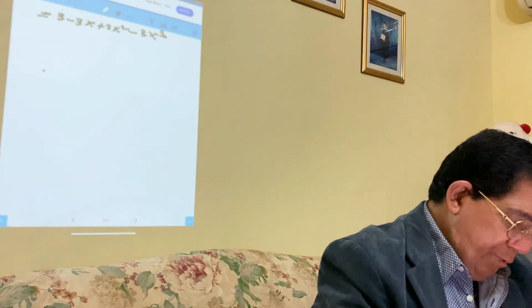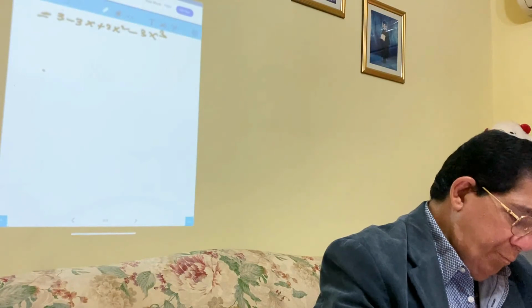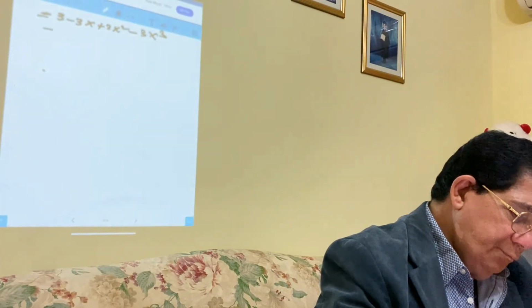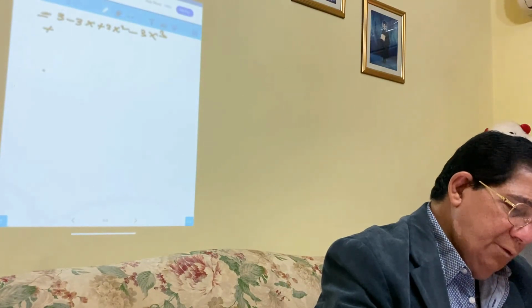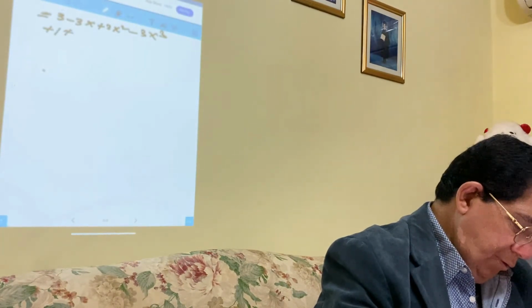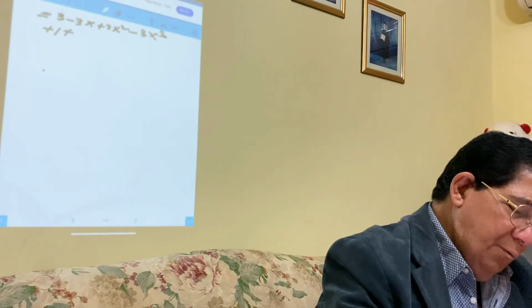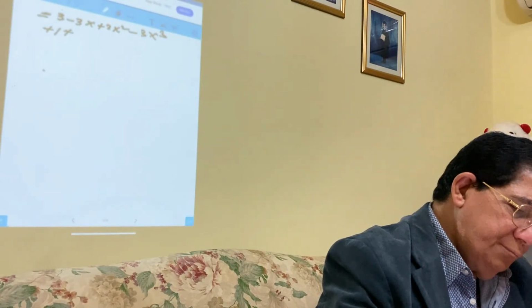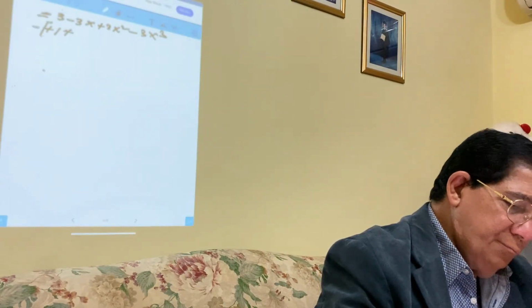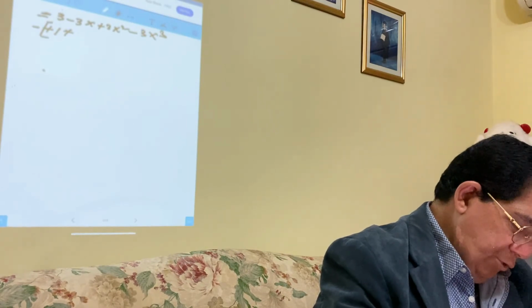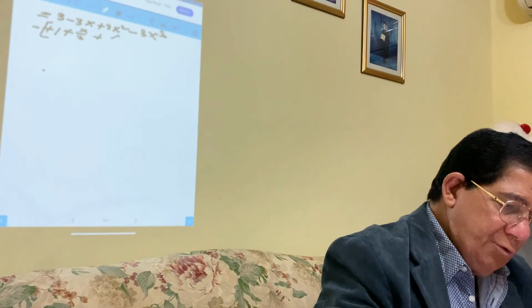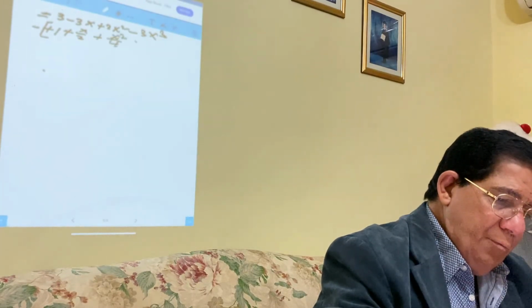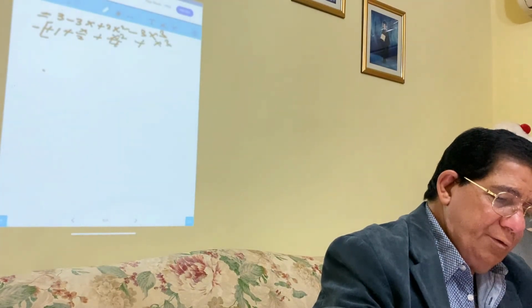And the second bracket will be, minus outside, minus 1 plus x over 2 plus x squared over 4 plus x cubed over 8.